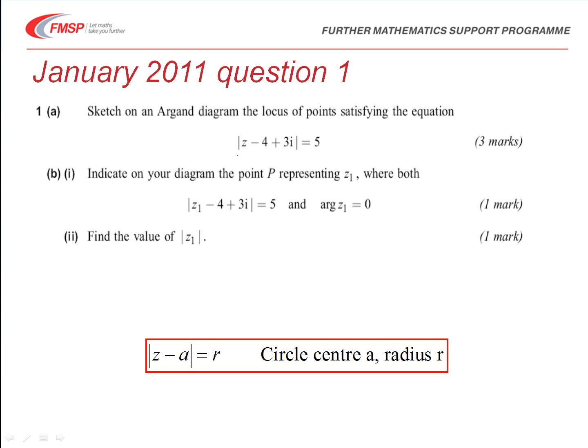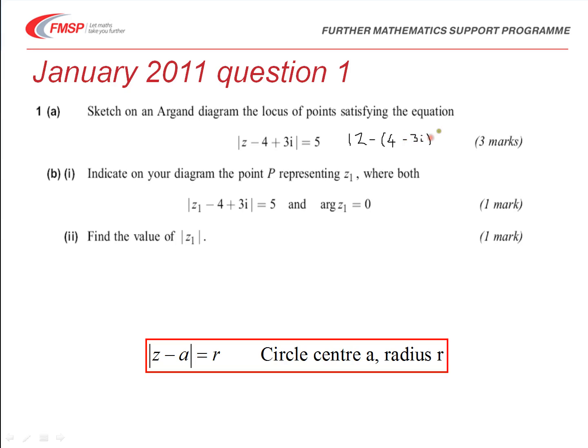Before you start to sketch the Argand diagram in part A, the key thing would be to get that into the correct form that you require. So this would be the same as the modulus of z minus, and so this becomes 4 minus 3i.